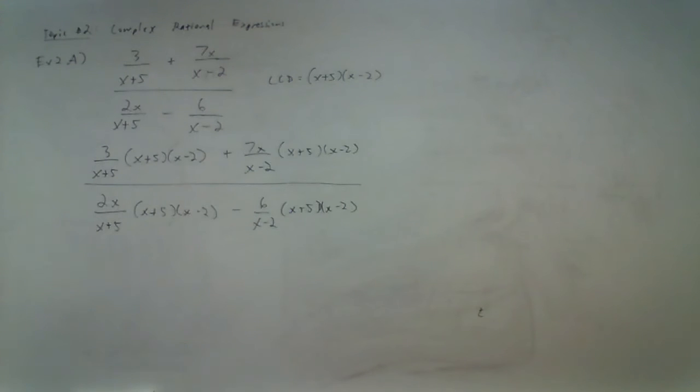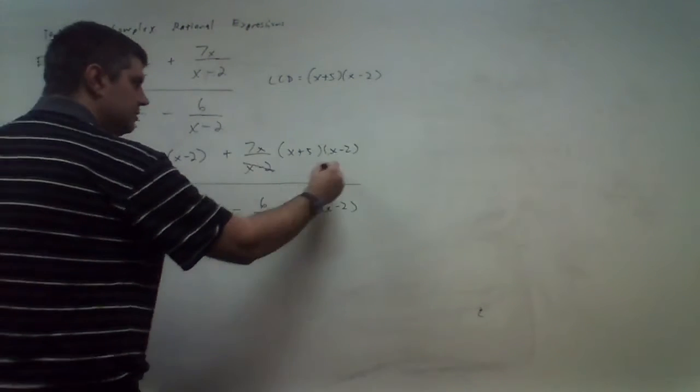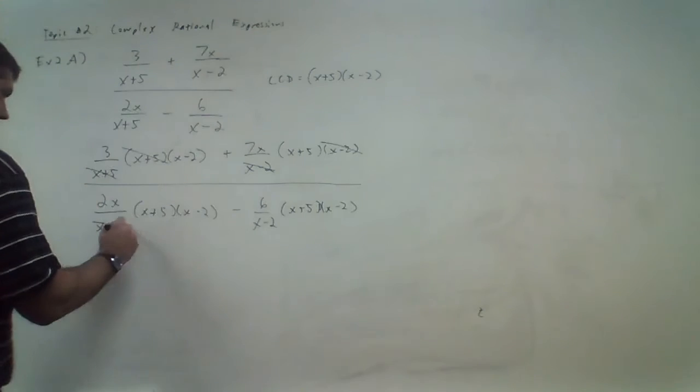When this is all over, the denominators should cancel away. That's the whole point of this. Okay?